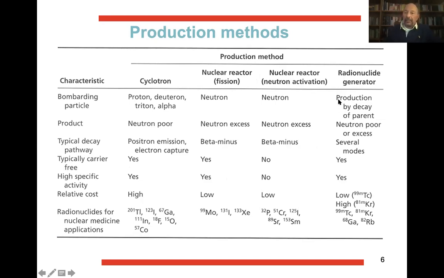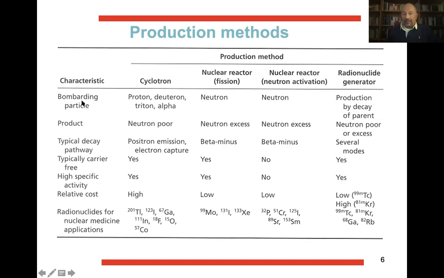You load the radionuclide generator with the parent radionuclide, and then you look at the decays and you collect the daughter radionuclides that you need.